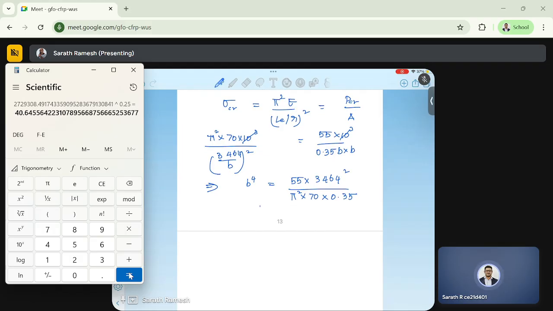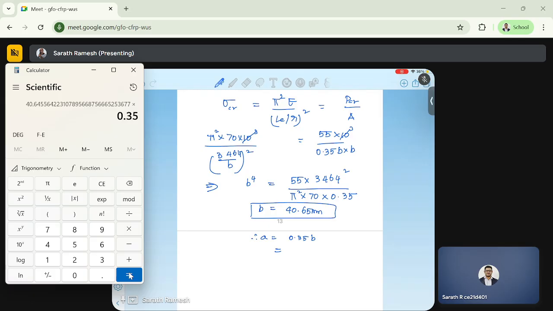So B is 40.65 mm around. Okay, therefore A will be 0.35 times B, which is 14.23.